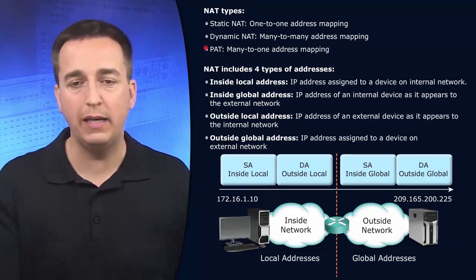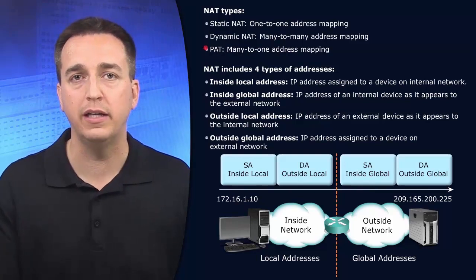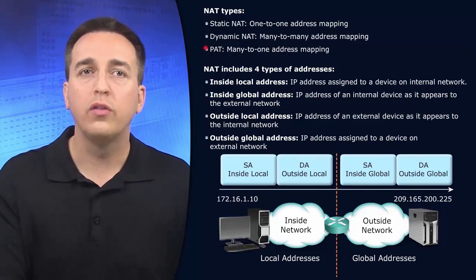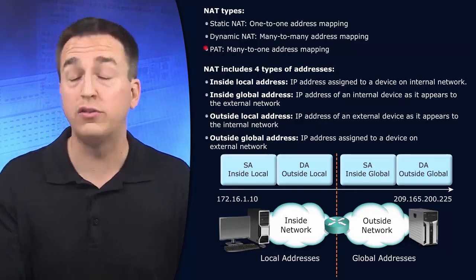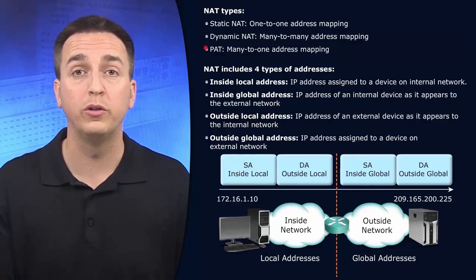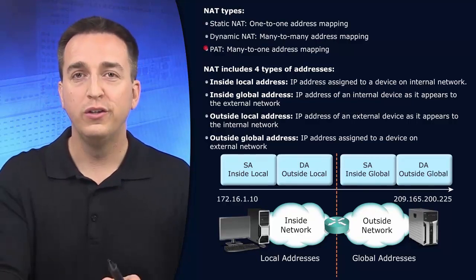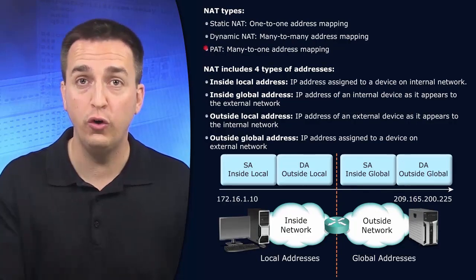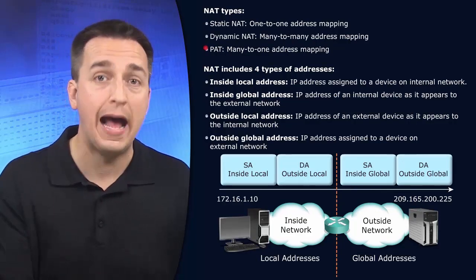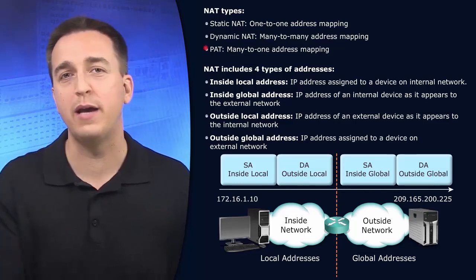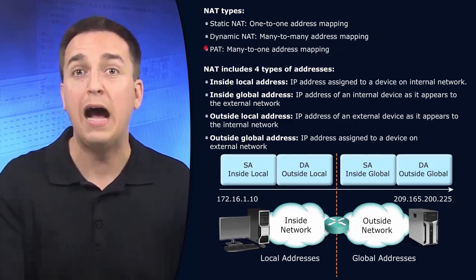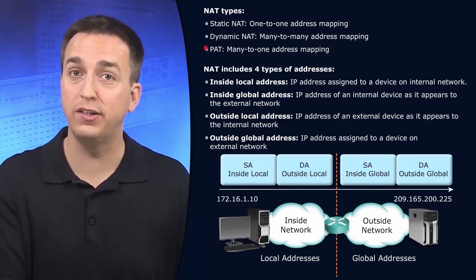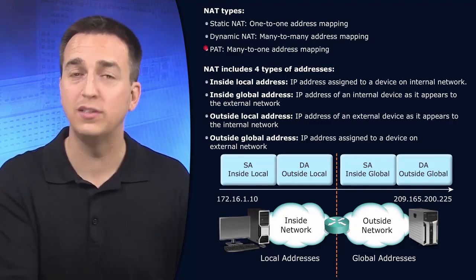So not only are they keeping track of the IP addresses that are being translated, the router, through its network address translation process, is keeping track of the port number as well, so it knows which packet is translated for whom, so when the traffic comes back from the server or back from the internet, it knows how to translate it properly to send it to the correct user, correct device inside the organization.